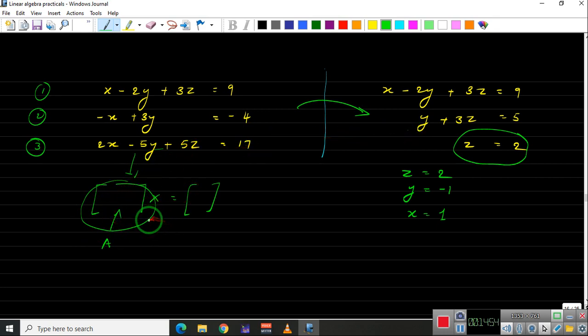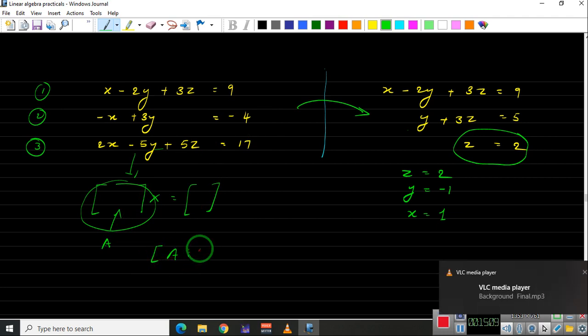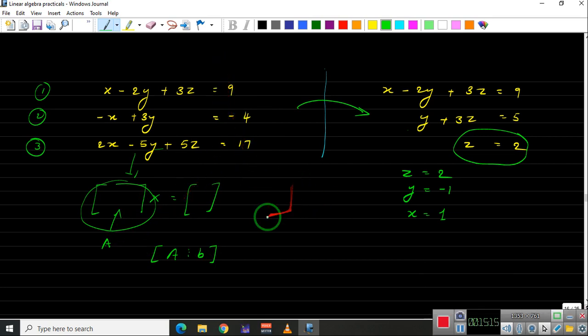To perform these operations, we use something called an augmented matrix. To get the augmented matrix, we take the coefficient matrix A and the constant matrix b, and we put the constant matrix b at the last column. So this is our augmented matrix.